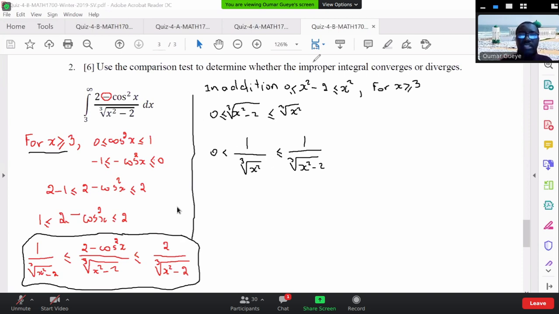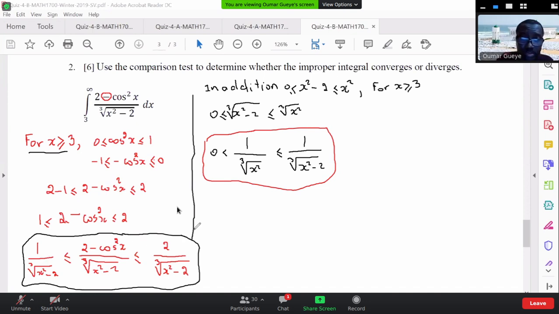And you guys can see, so you guys can see this part here on the right is exactly equal to this.